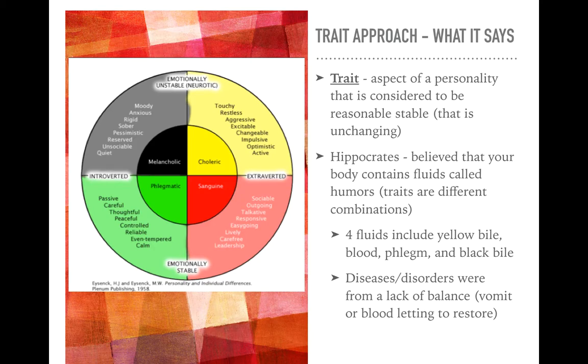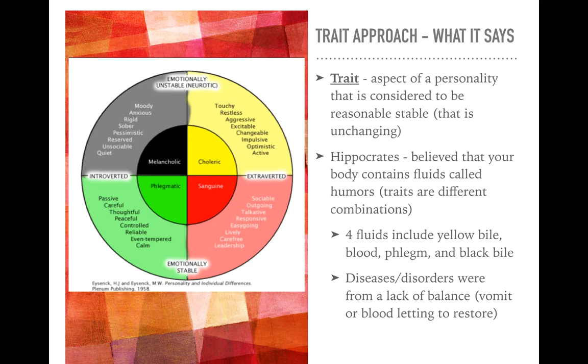So, what are some of these traits that are essentially unchanging? You can see I have some traits listed to the left. There are a few different theorists that fall under this trait approach or trait theory. If we go way back to ancient Greece, we can trace some of this back to Hippocrates. Hippocrates believed that your body has 4 different types of fluids, and the traits that you have are the combination of these different fluids.